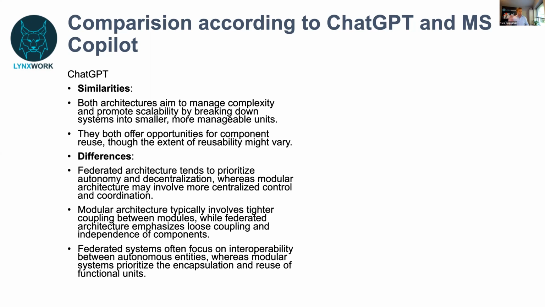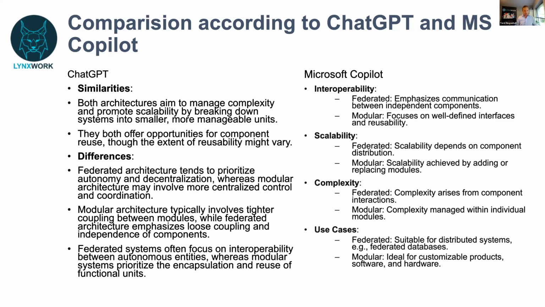I just checked with Microsoft Copilot to get a second view to see if I get something else. Same there, interoperability. Federated is more about the communication itself. Modular is more about the interfaces. Scalability depends on component distribution in federated, and the scalability in modular is more in adding or replacing modules and the combination of those.